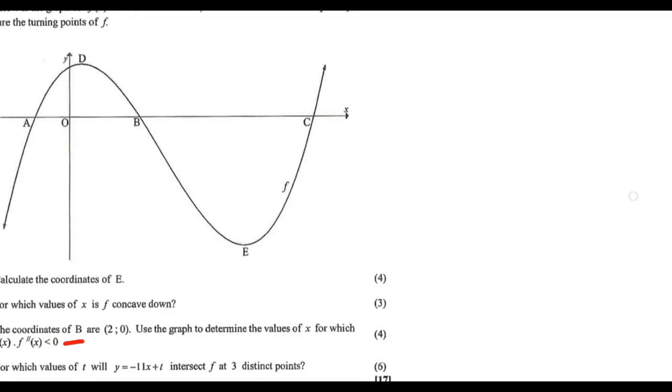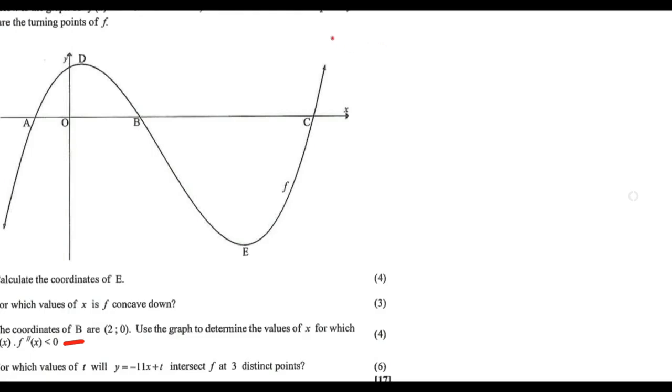To determine the values of x for which f(x) multiplied by f''(x) is less than 0, which means negative, this inequality is satisfied when f(x) and f''(x) have opposite signs. This occurs in two scenarios.